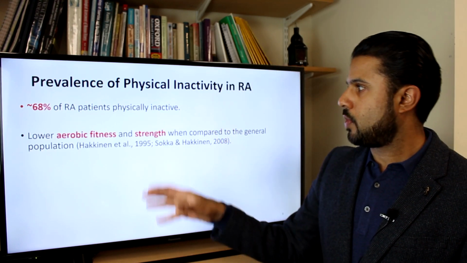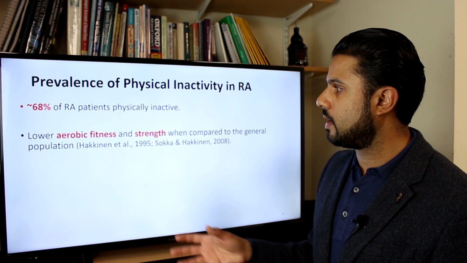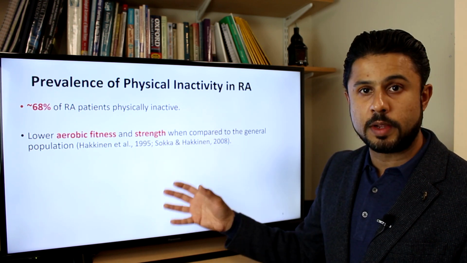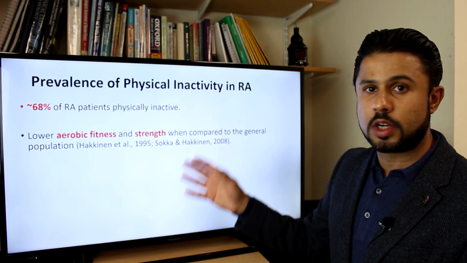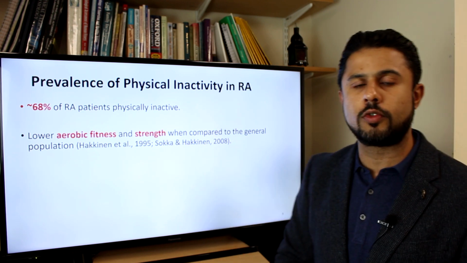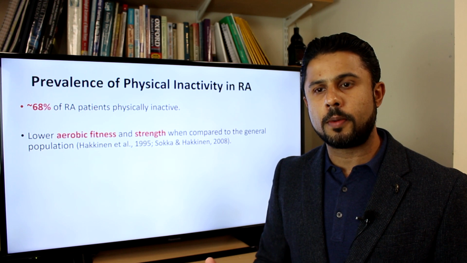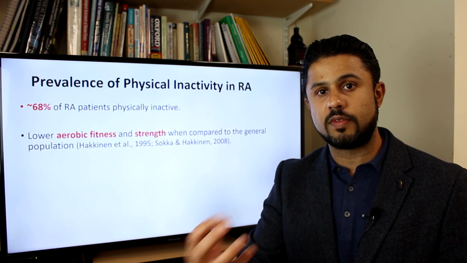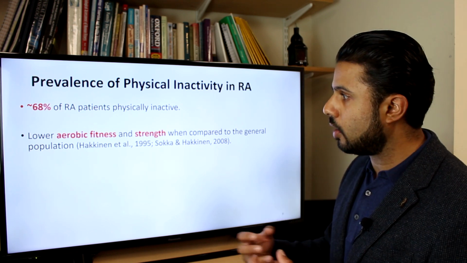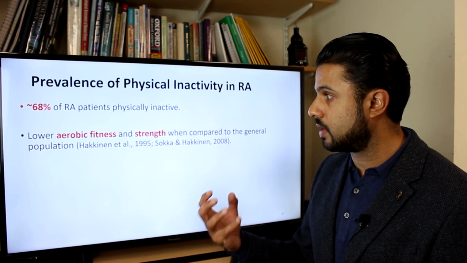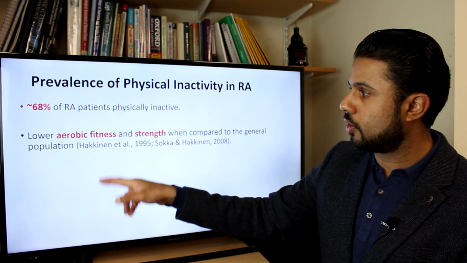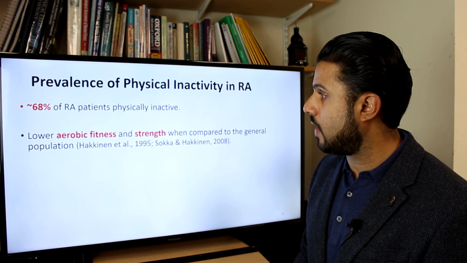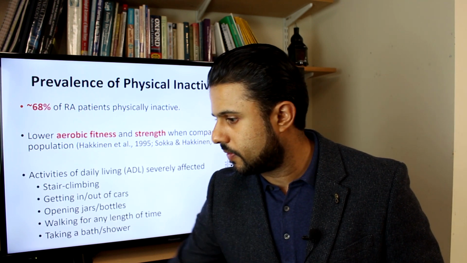If they're not physically active, then it's not surprising that their aerobic fitness levels are going to be lower, and their strength levels are also going to be lower when compared to the general population. So here we have a population that really needs the kind of targeted intervention of exercise, but they're not able to access that, and so consequently they have these reductions in actual variables that affect their quality of life.